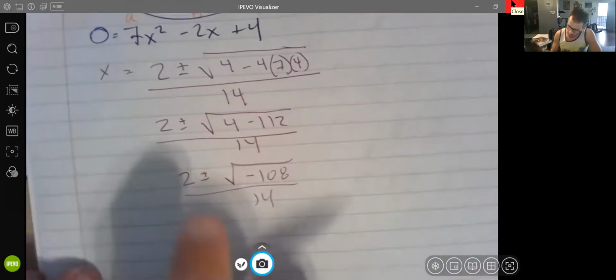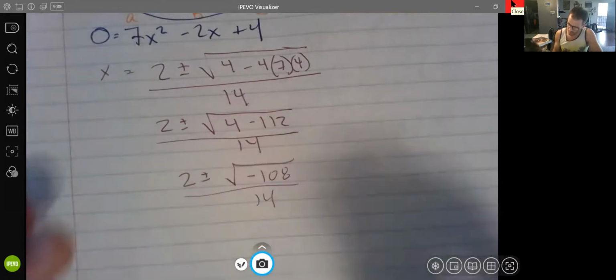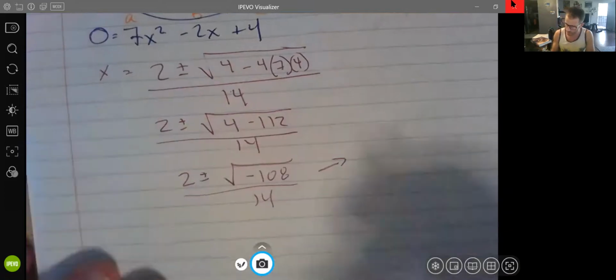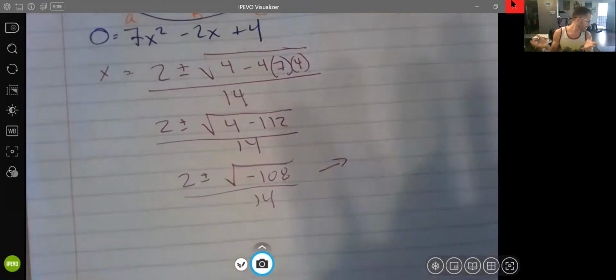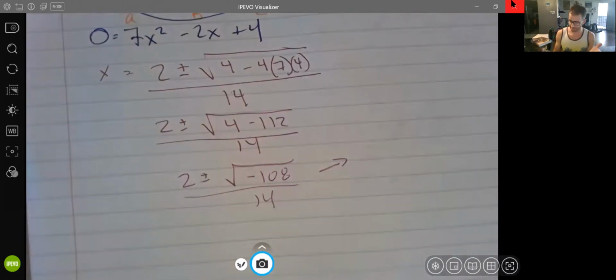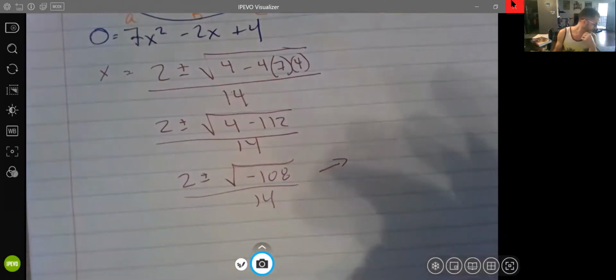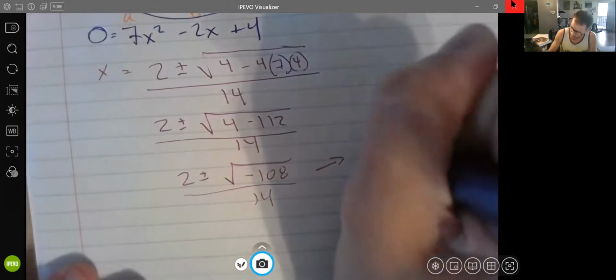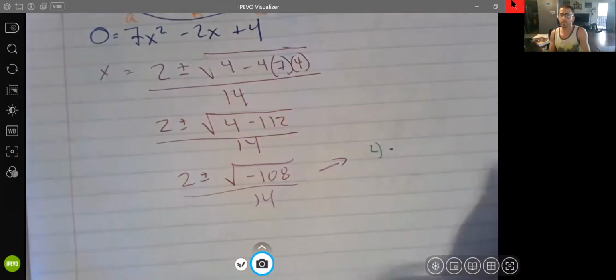All right, so we got 2 plus or minus the square root of a negative, so we can take the negative out, but I'm going to go over here. Let's start doing a little bit of work. You're going to ask yourself, what's the biggest perfect square? So you might think 4, right? 4 times what gets you 108?